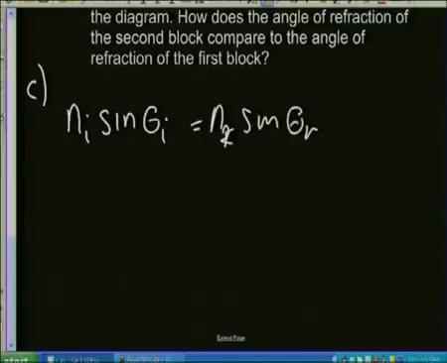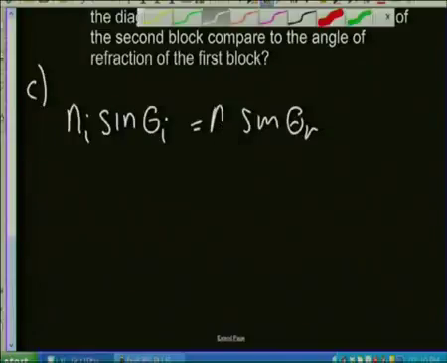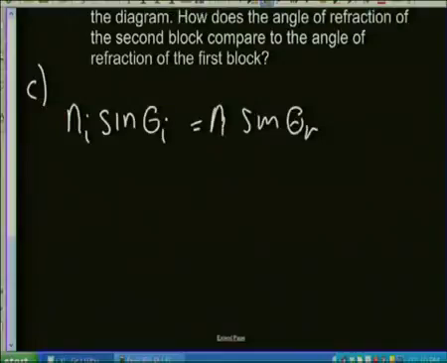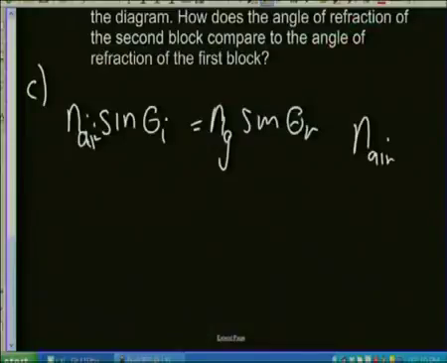In fact, if I wanted to be really correct here, I would not just do any arbitrary thing. I want to make it clear what I'm doing. I'm going to put a G for glass, and I'm going to put an A for air. Could even write in the word air there. So what's the refractive index of air? Well, let's just list our variables here. For air, we know it's 1.00. For glass, we don't know.